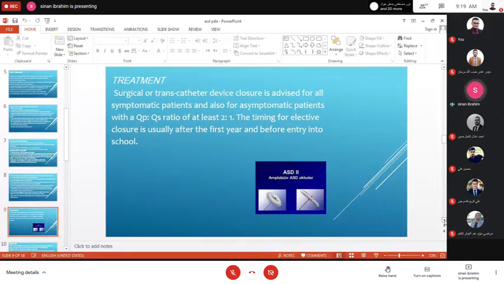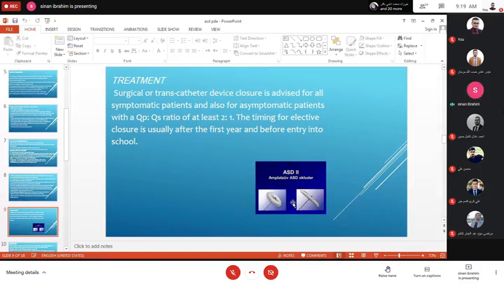We close it through the cath. We enter through the femoral artery and femoral vein and go through the IVC to the right atrium, passing through to the left atrium, and we put an occluder like this occluder. We see it at the bottom of the page.